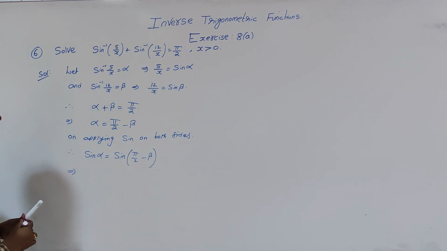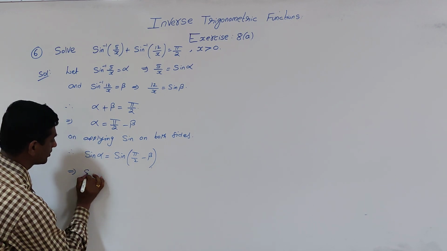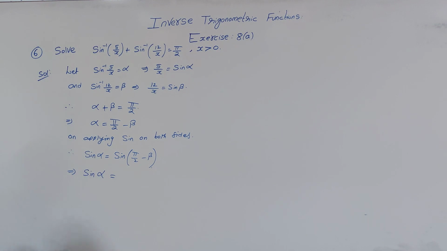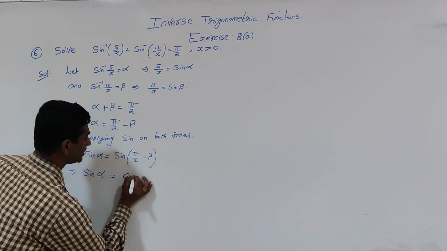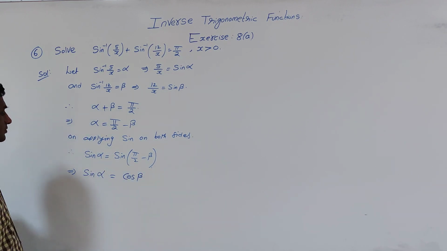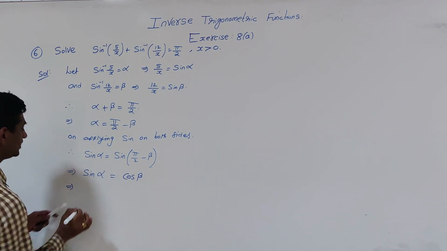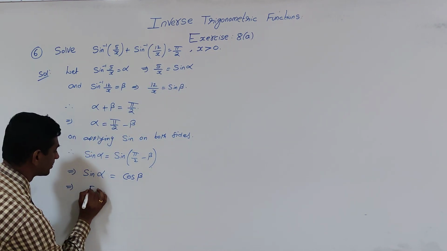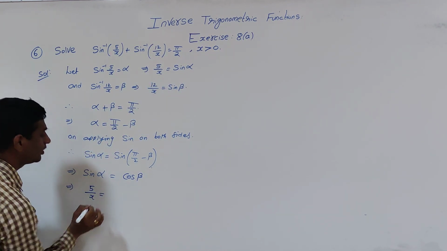But sine of 90 minus theta is cos theta. So it will be cos beta. So what is sine alpha? From the figure, sine alpha is 5 by x. And what is cos beta?